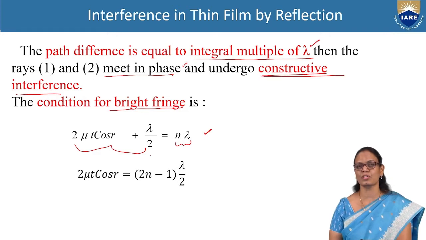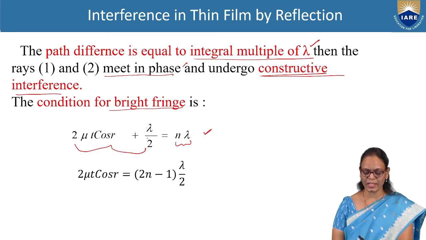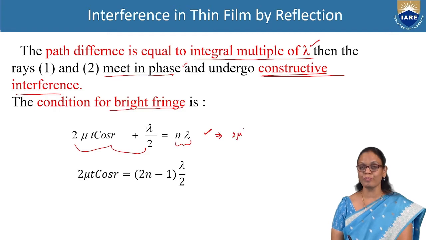So we are going to substitute it here. If I take this lambda by 2 to the other side, what does this imply? 2 mu t cos r will be equal to n lambda minus lambda by 2.